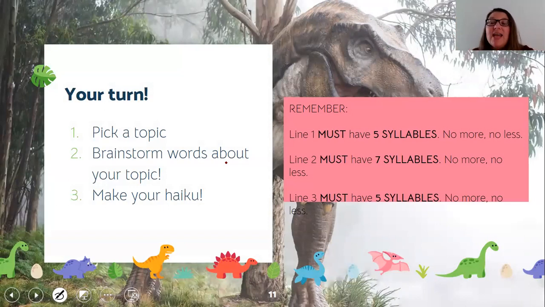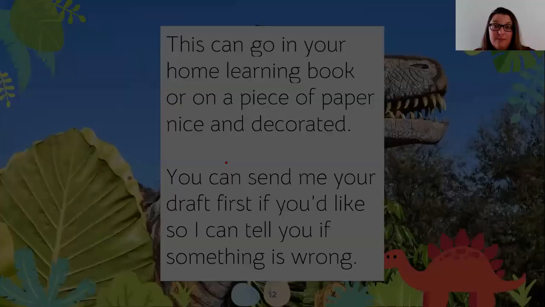It cannot have any more, and it cannot have any less. It has to have 5. Line 2 has to have 7, and line 3 has to have 5 again. Okay, it's 5, 7, 5. If you've done that wrong, if you have 6, 4, and 5, you get it sent back. Okay, 5 in the first line, 7 in the second, and then 5 in the last. That's what it has to be.